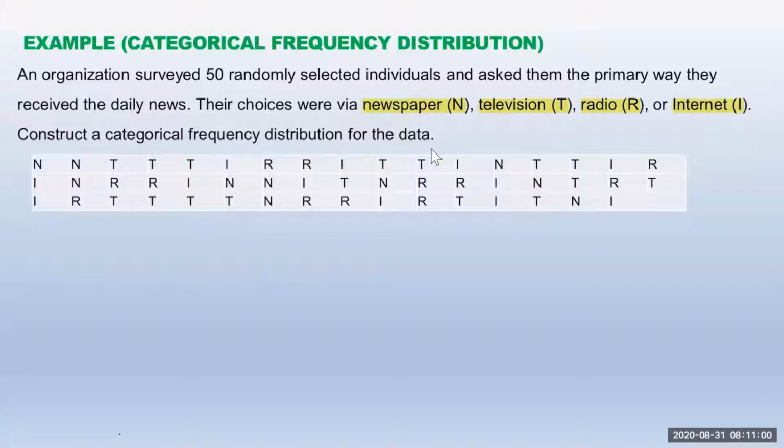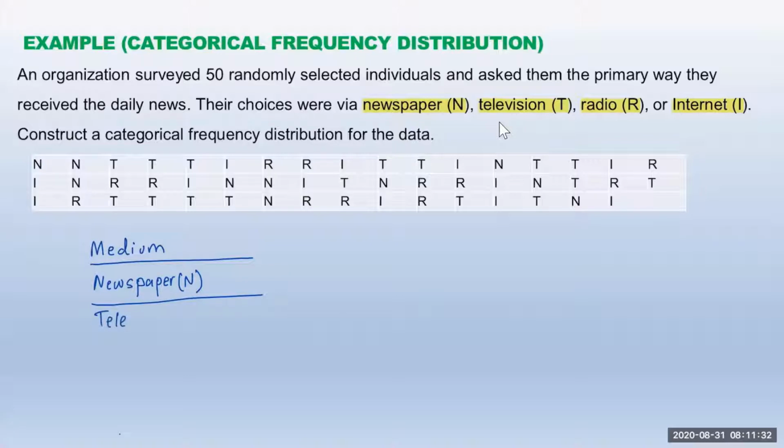So let's make a table here. We list the medium they use to receive the news daily. There are four different mediums. The first one is the newspaper. You can write that here in the table: newspaper, which is denoted by N. That is the first way they receive the news. The second way they receive news is television.